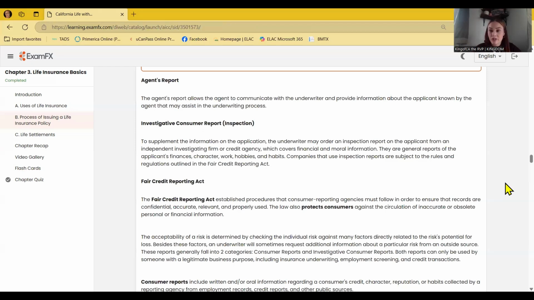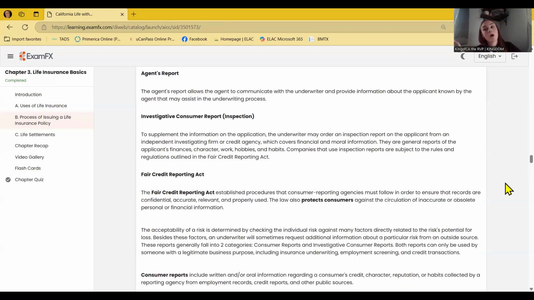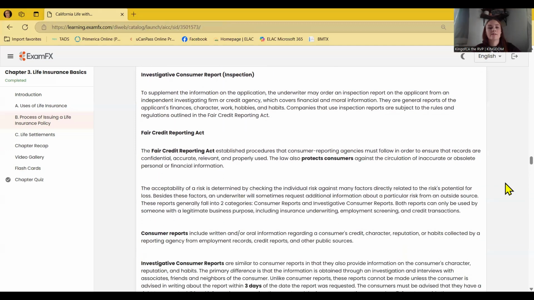Second, we have the agent's report. They are going to go to our notes, go to our statements, and see how this person's overall health was. The next thing that they're going to do is called an investigative consumer report or inspection. To supplement the information on the application, an underwriter may order an inspection report on the applicant from an independent investigating company, firm or credit agency.